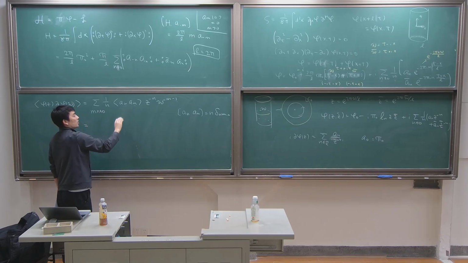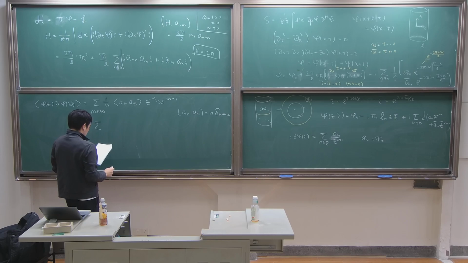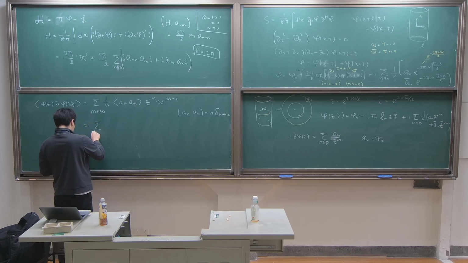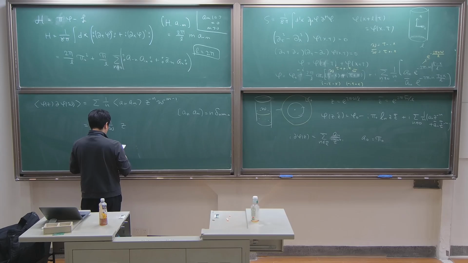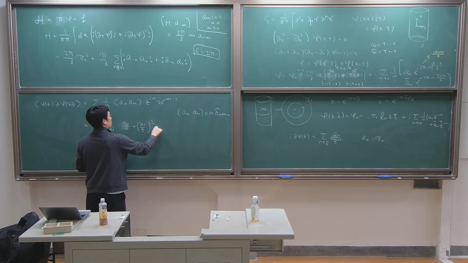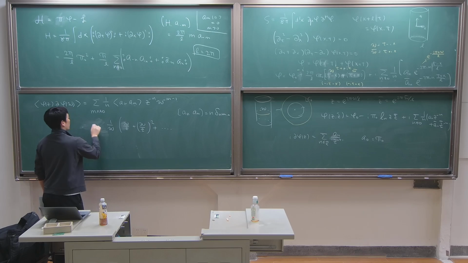If you do the commutation relation, you always get the following thing. For n greater than 0, 1 over w, and then w over z plus w over z squared plus w... Okay, so that's what you get.